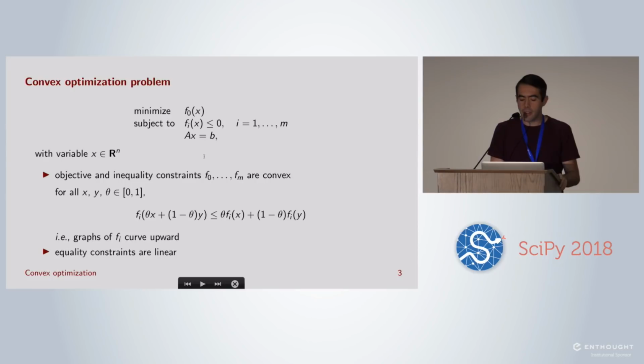And in addition, you have the restriction that all these functions, f naught through fm, are convex. There's a formal definition of convexity here, but essentially it means that they have positive curvature. They curve upwards, like a parabola.